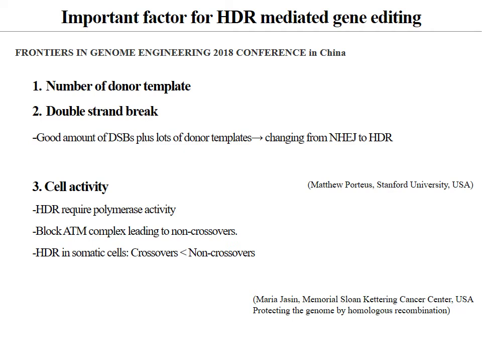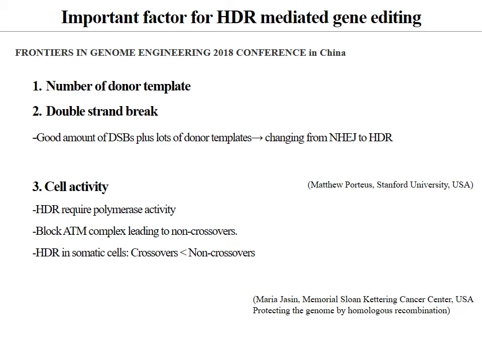And second is, anyway, the HDR pathway requires a double strand break, so a high amount of double strand break is good for HDR. And third is cell activity, because HDR requires so many associated enzymes.